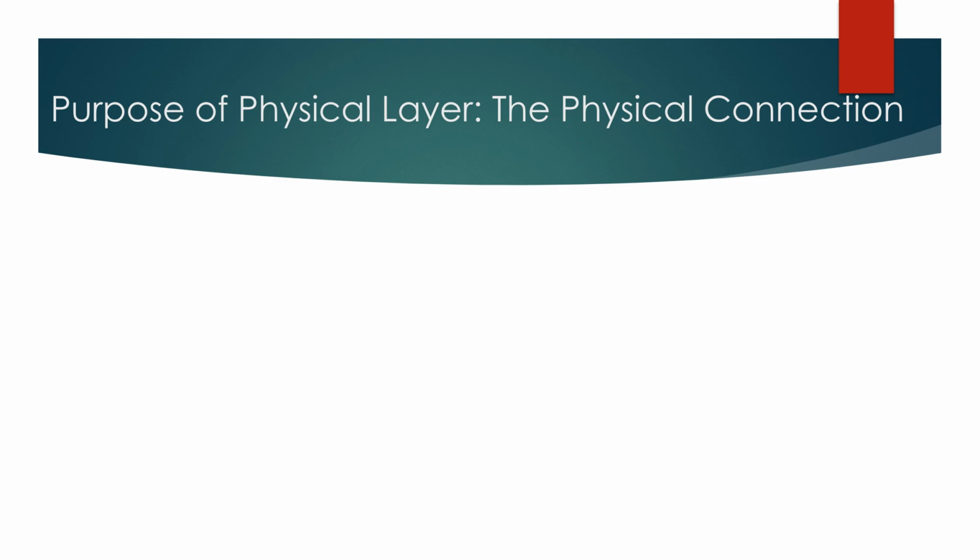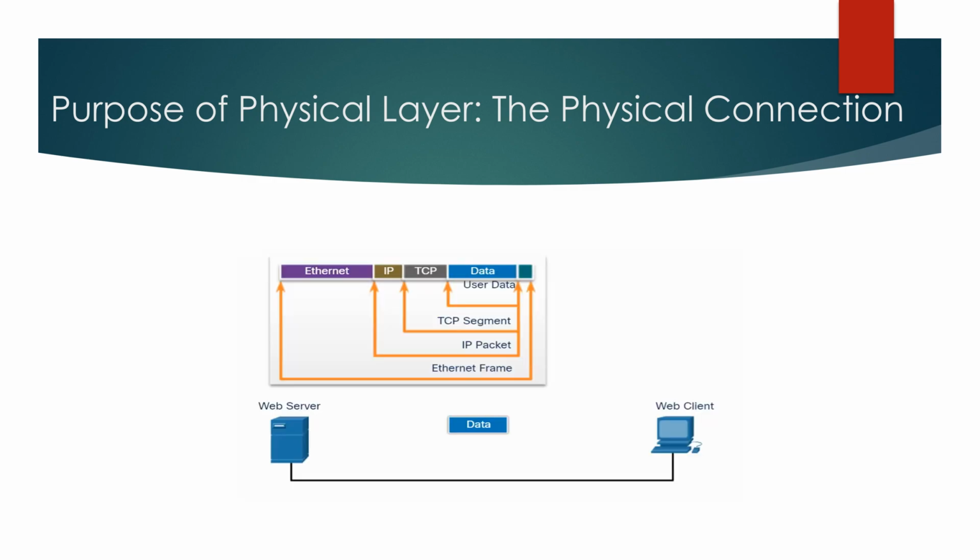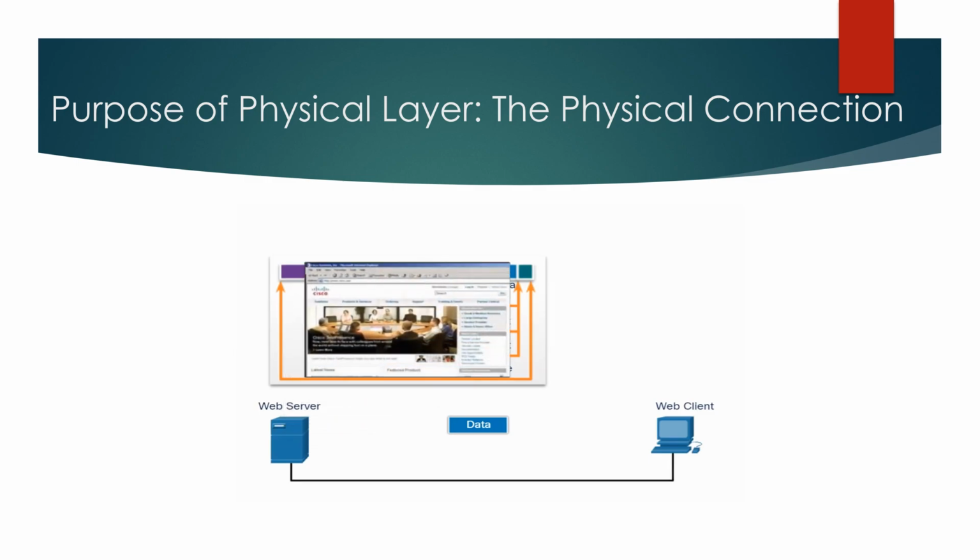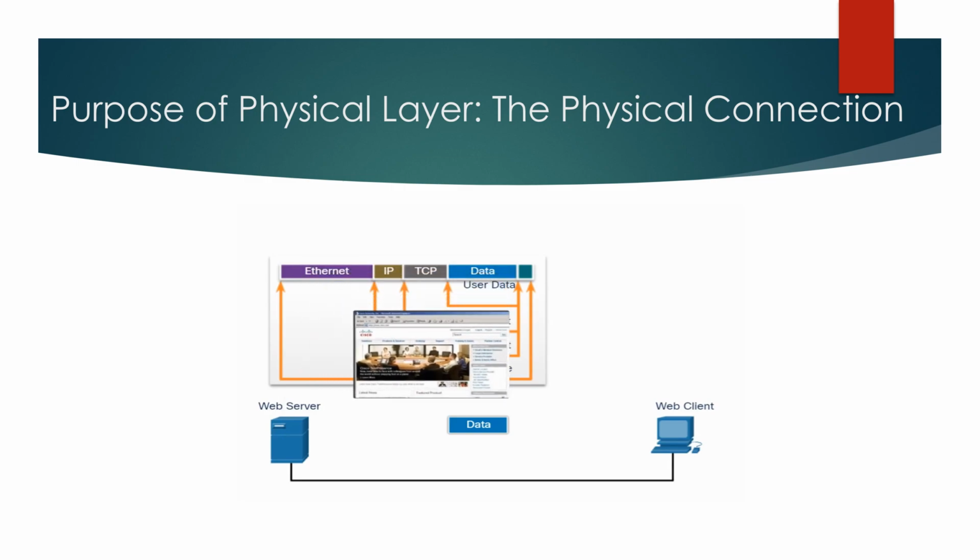The encoded bits that comprise a frame are received by either an end device or an intermediate device. And as it is shown in the encapsulation process, the last part of this process shows the bits being sent over the physical medium.